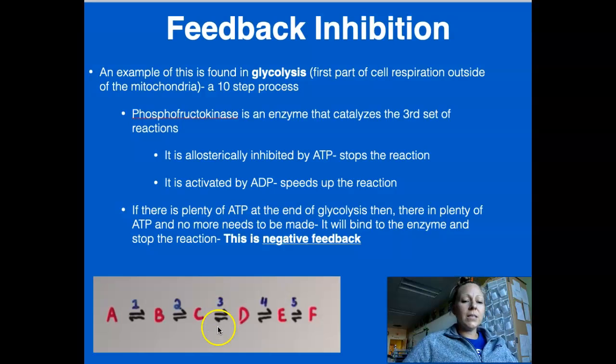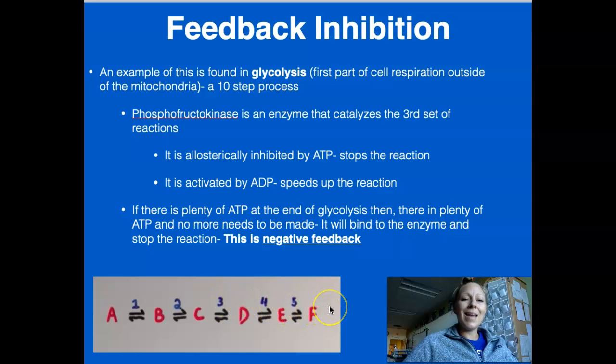Remember, the end of cell respiration is going to produce ATP. If the cell has plenty of ATP being produced at the end of the line, it's going to be floating around, and it's going to allosterically inhibit phosphofructokinase from working and therefore producing more ATP.